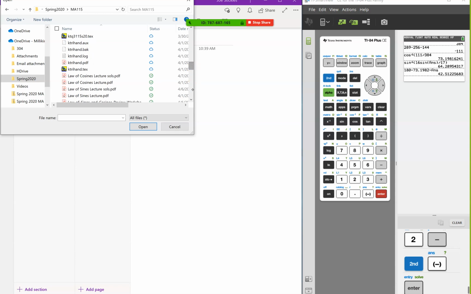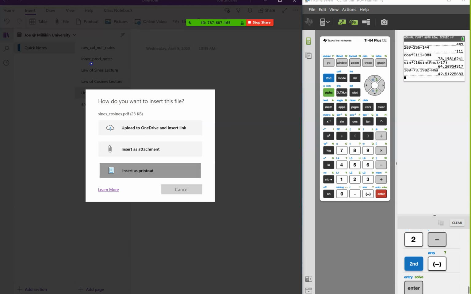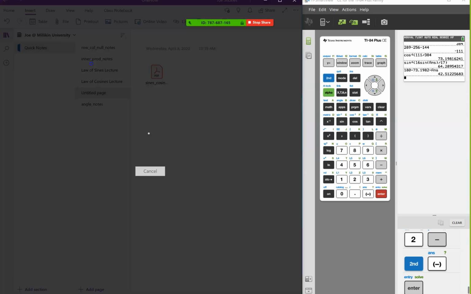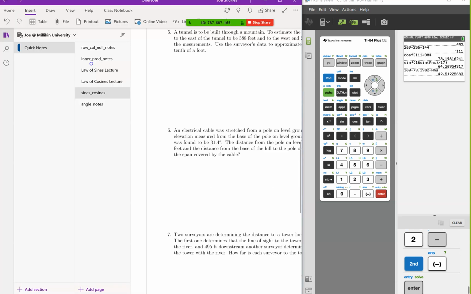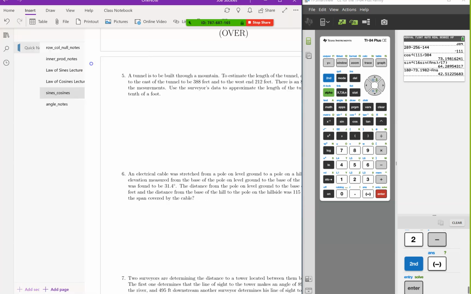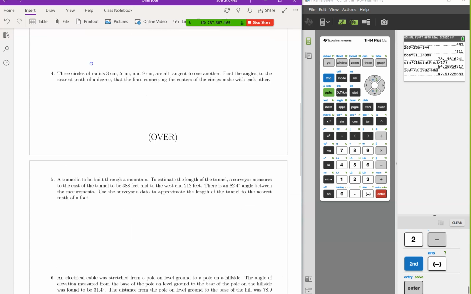Just so we can see some applications here. This applications thing is also posted on Moodle. I thought I had them in here. Let's see if it's this one. Yep, there it is. Those are applications. Cool. That was what I wanted to see.